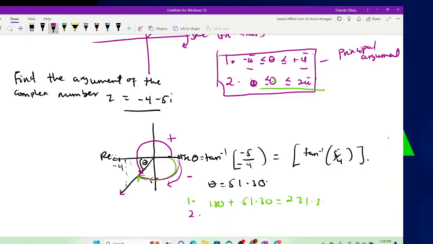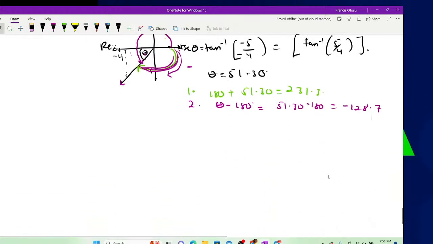So in this case, for us to find the angle here, it is indeed theta minus 180, right? So this is going to give us 51.30 minus 180, and that's going to give us negative 128.7.